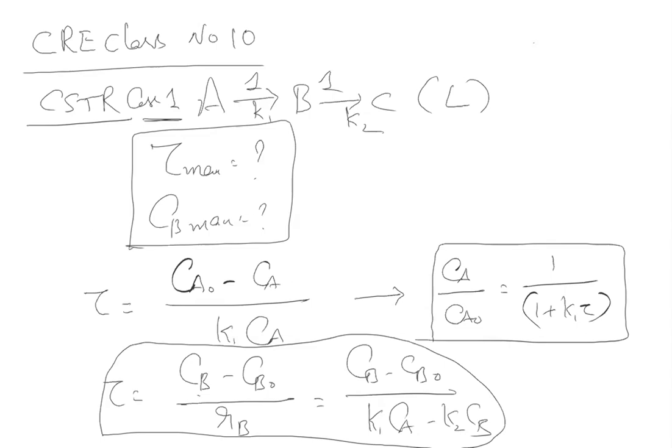Now from this equation, let me rewrite again: tau is equal to CB minus CB naught divided by K1 CA minus K2 CB. CB naught is 0, no?